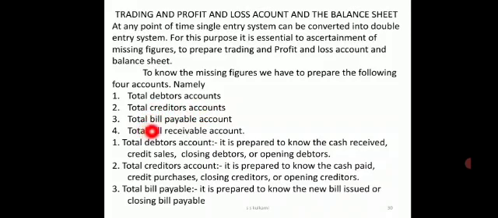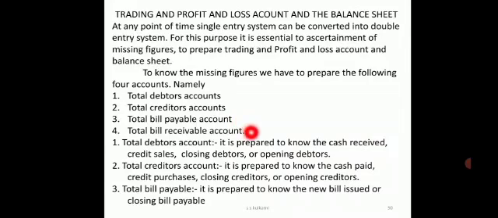Then you have the total bills payable account. Now this bills payable account is prepared to know the missing information relating to the bills. It can be the amount of bills dishonored or the new bills issued, or it can be relating to the opening or closing bill balances.